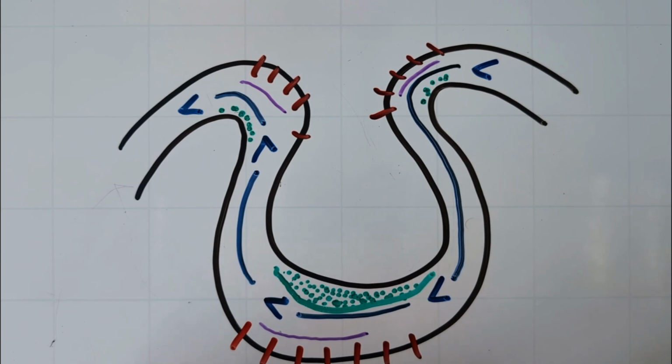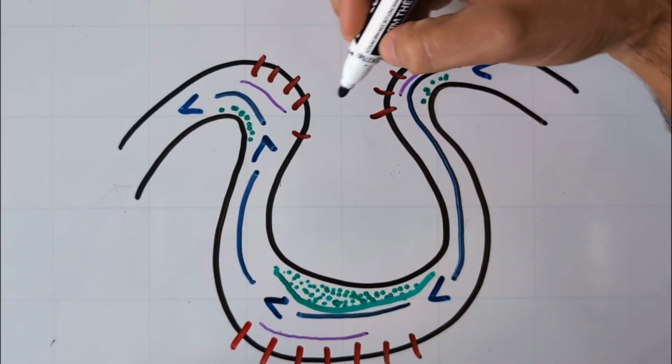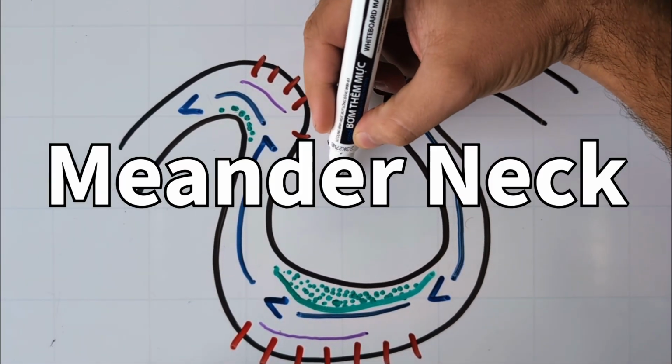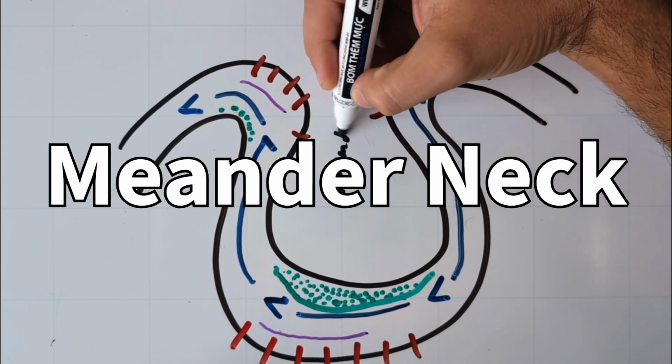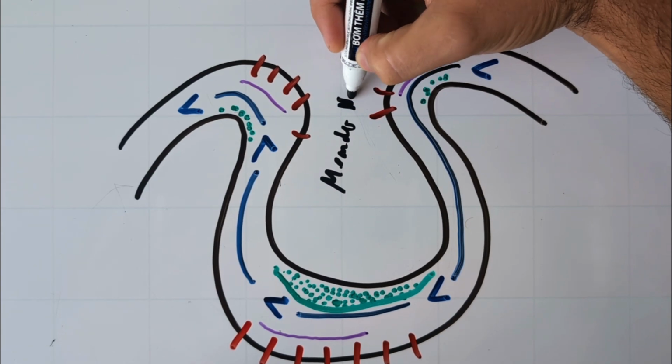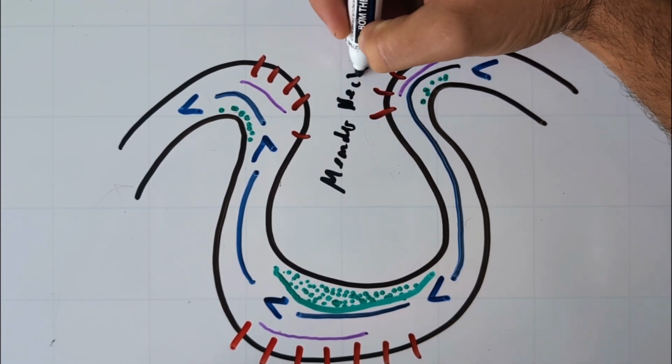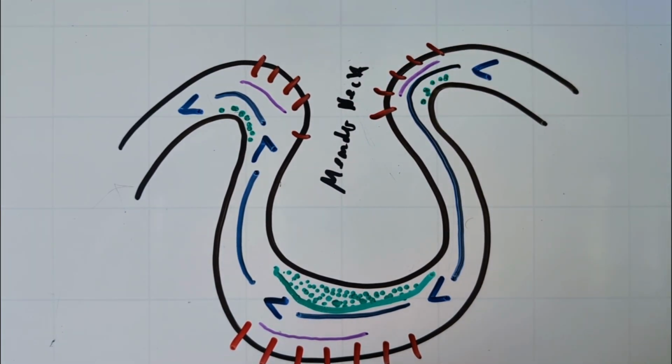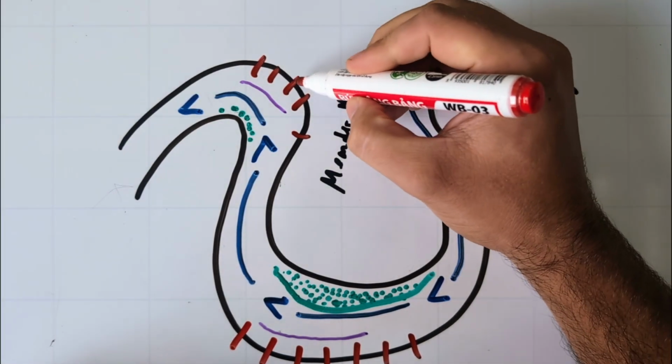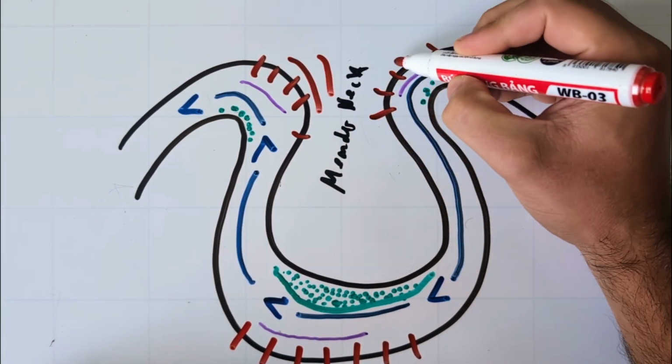So, how does this actually develop? What's actually going to happen is, we call this the meander neck. And again, to use another metaphor, it's about to get decapitated, okay? Because erosion continues to take effect.